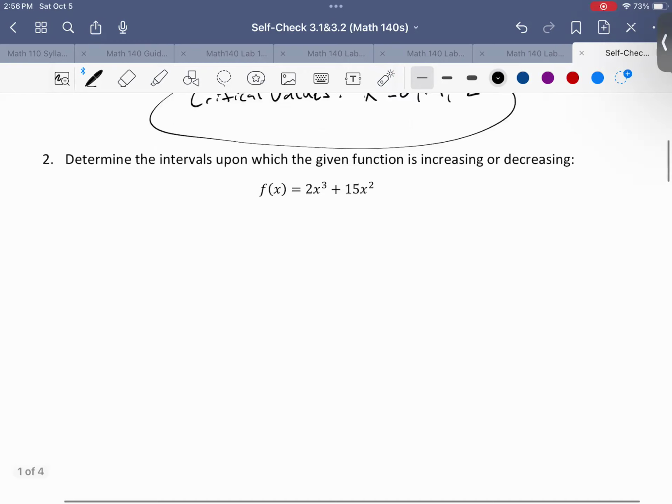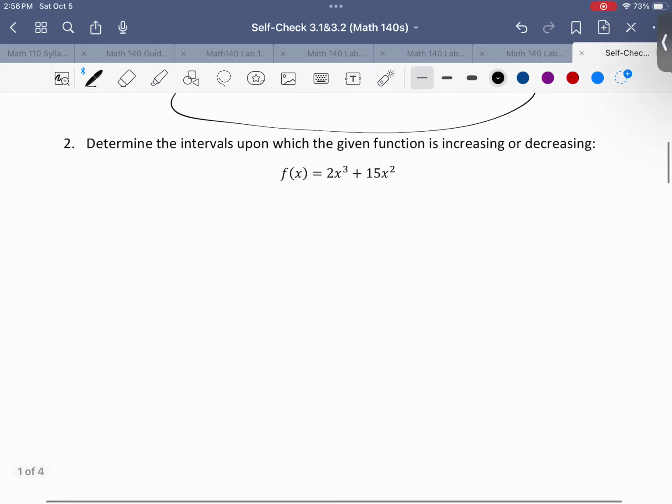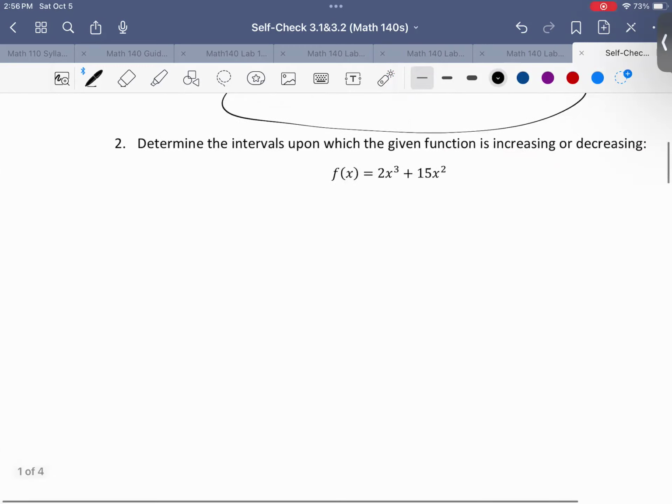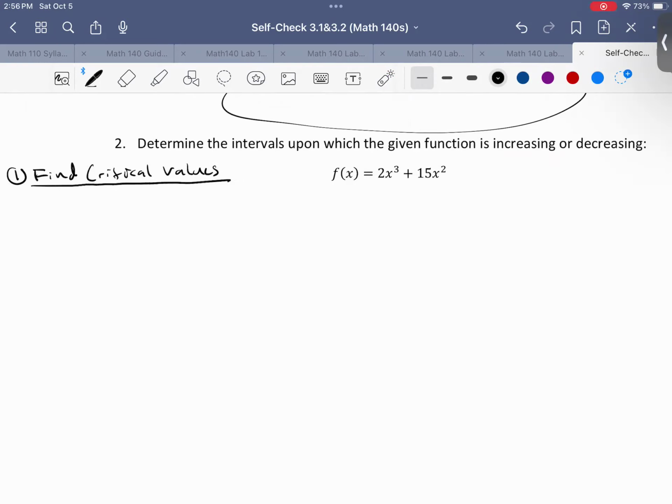Same thing, we want to determine increasing or decreasing. You just want to take this one step at a time, and the first step is always find critical values. So that's always the first step.